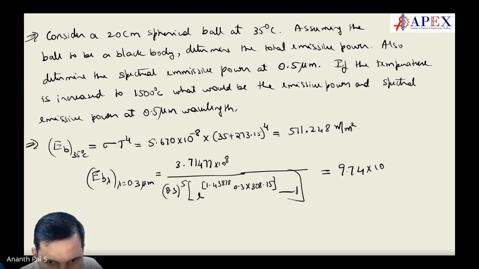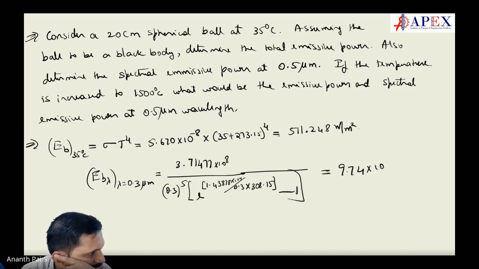I'm very sorry. 10 power 4. That's the reason you got it wrong. But anyhow, that's okay. How much did you get? Yeah, obviously it is low. It can be low, it can be high also. I'll tell you what the answer is.